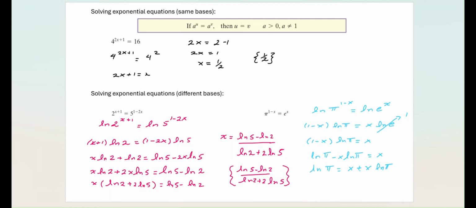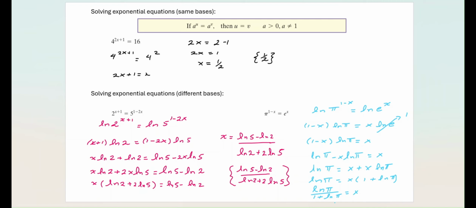We take a common factor x out, so we can say that ln of pi equals x times 1 plus ln of pi, and then we divide both sides by 1 plus ln of pi, so we get that ln of pi divided by 1 plus ln of pi equals x.